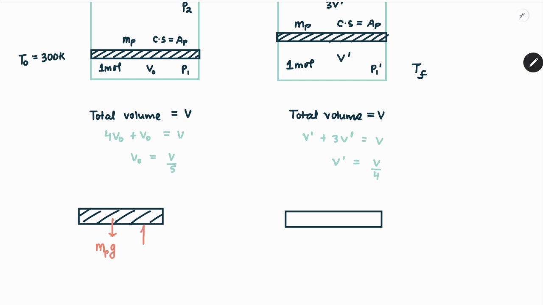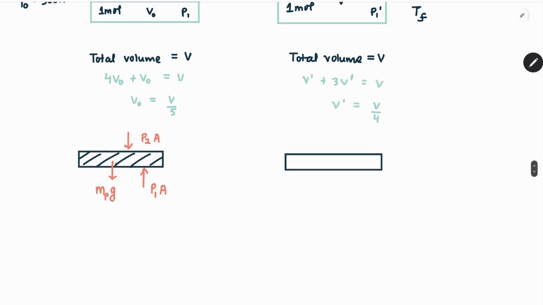The pressure on the lower side exerts an upward force P1 into area A, and the pressure on the upper side exerts a downward force P2 into area A. The downward forces, Mp g plus P2 A, must be balanced by the upward force, so mass of piston into g is equal to P1 minus P2 multiplied by area A. This becomes the first equation.